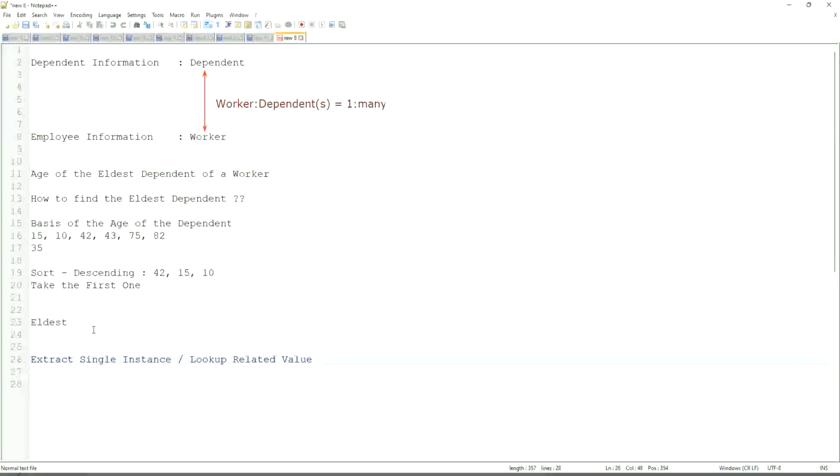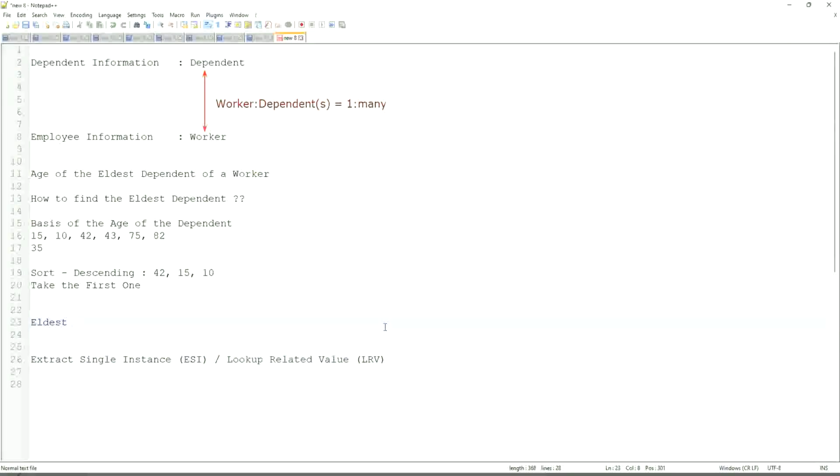This is the most common calculated field function that people will ask you in your interviews. Extract single instance is called ESI. Lookup related value is LRV.